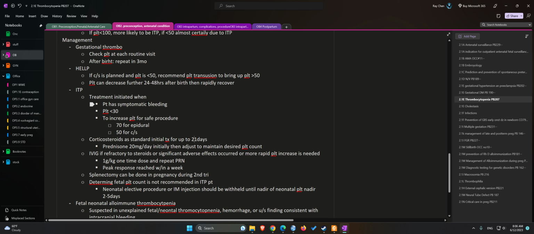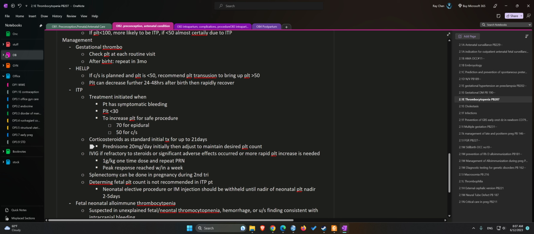IVIG if patient is refractory to steroids or there are significant adverse effects with steroids, or if the patient needs a rapid increase in platelet count. 1 gram per kilo, one-time dose, then repeat as needed.